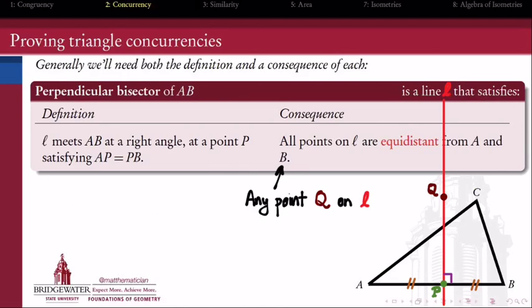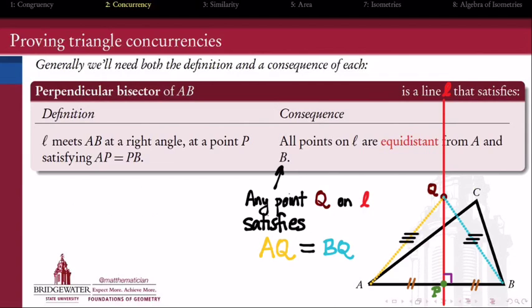So by definition, we already knew that the point P, where the perpendicular bisector meets the side AB, has the same distance from A as it does from B. But according to this consequence, this theorem, any other point that I pick on this line will also be equidistant from A and from B. So if I pick a point Q, which is on this line, and I draw the lines from Q to A and Q to B, then those two segments from Q to A and from Q to B will have equal length as well.